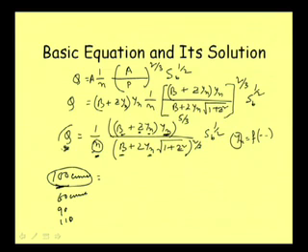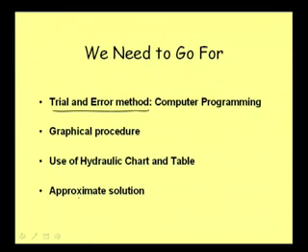Then again you reduce the value: between the corresponding values of yn 2 and yn 3 that you tried, you put an in-between value and try to arrive at the value of 100. This is the trial and error procedure, but nowadays people no longer do this trial and error by putting in one value after another in hand calculation.